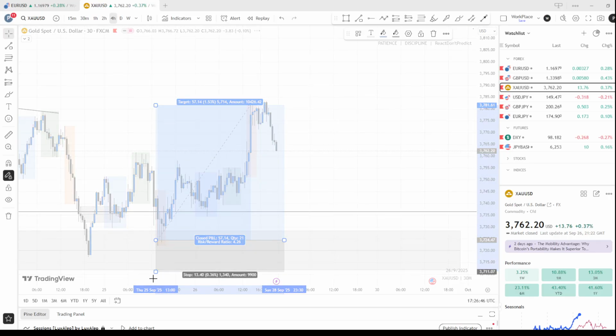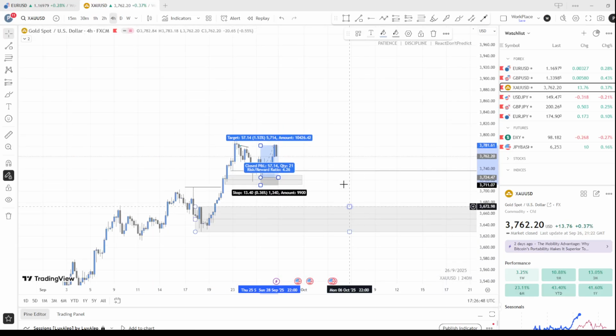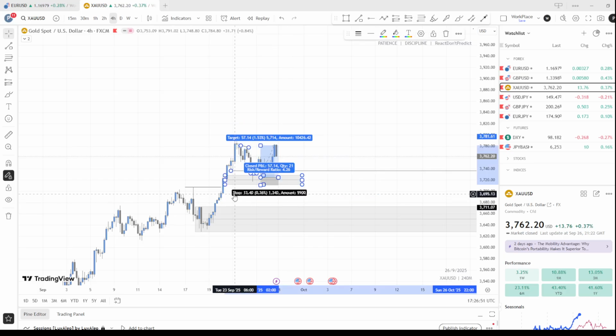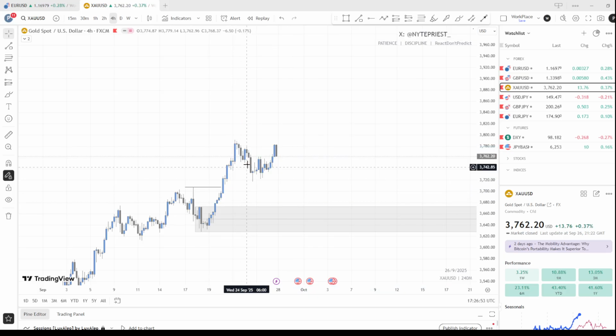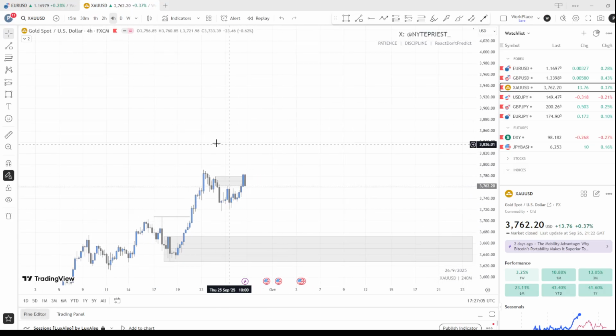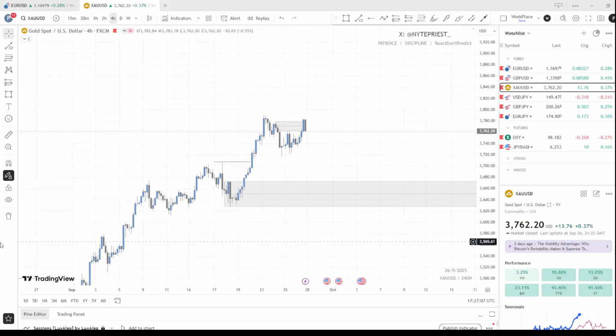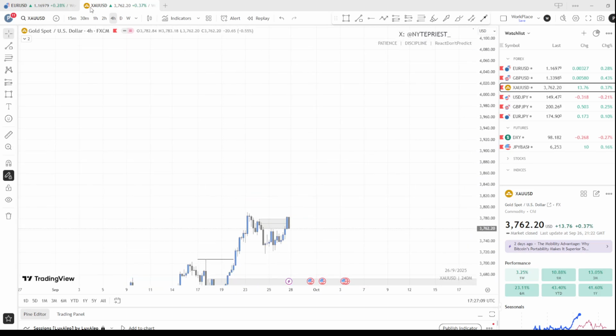So let's see. On the 4-hour time frame, we had this supply fill. We are extremely bullish on the 4-hour time frame, the daily time frame, and the daily fractal structure too.